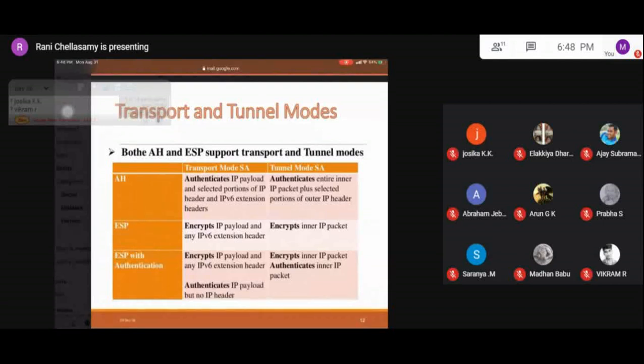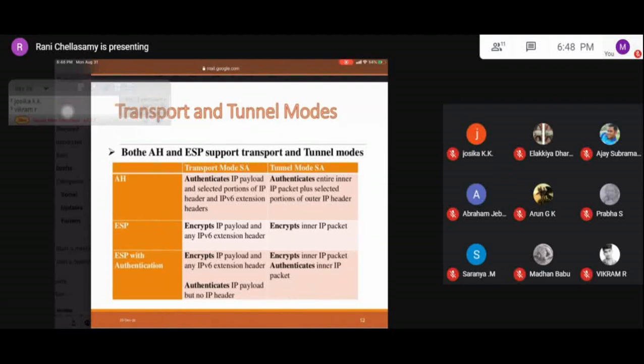Authentication header, that is AH, and the other component is ESP, that is encapsulating security payload. These two components can be operated in two types of modes: transport mode and tunnel mode.